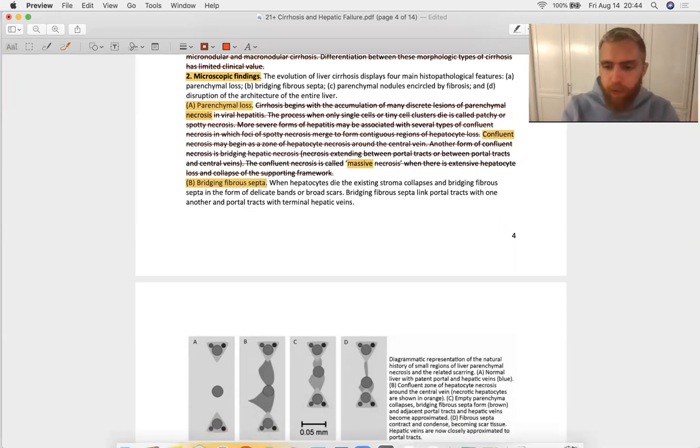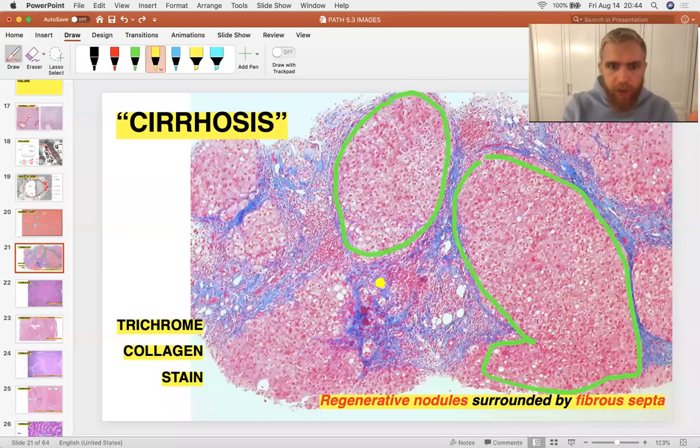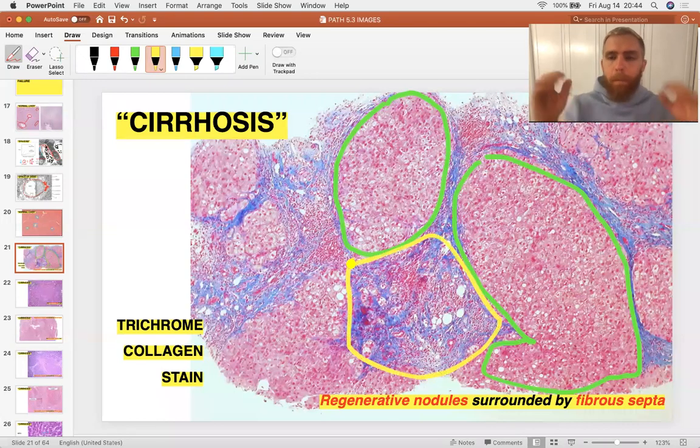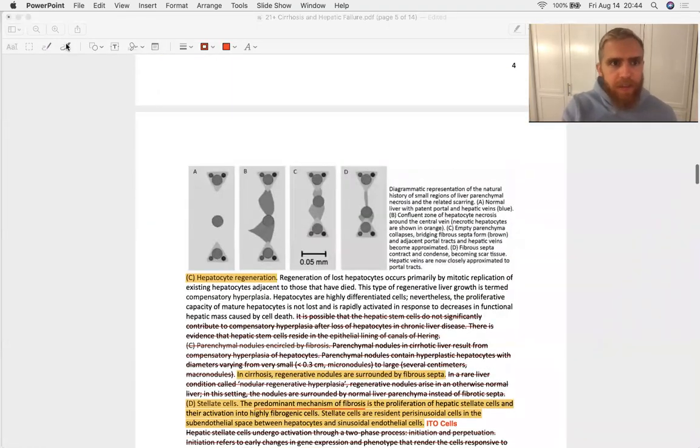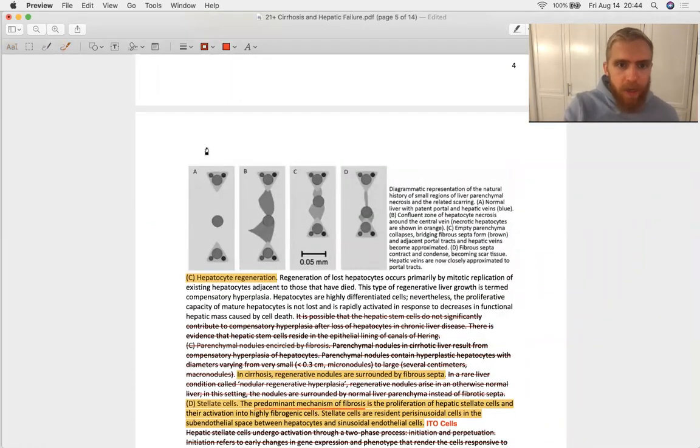Well, collapse of the supporting framework, we've already seen that in this one area where it's like all of these vessels have been pushed together or pulled together, really, by the stellate cell reaction to damage. And so that's what the top of page 5 in this SDL is attempting to explain to you. Please take a look at that and work your way through it if you can.